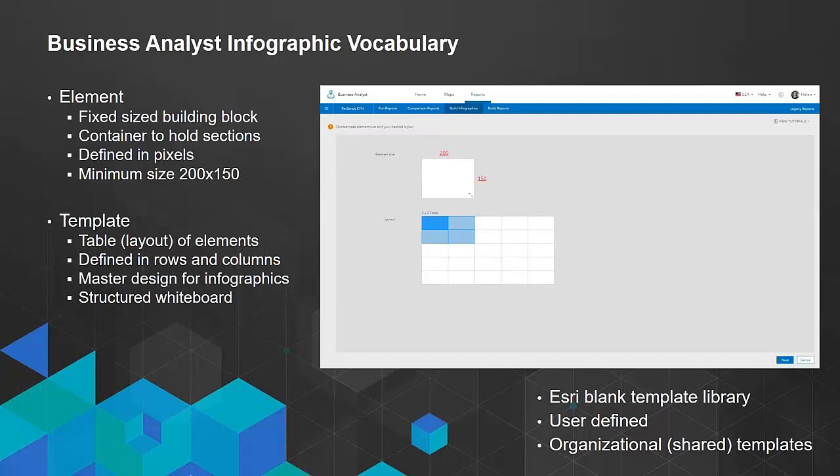So before I dig into the actual practice of making infographics, I just wanted to introduce some of the vocabulary. The business analyst infographics are based on templates. So we can think of templates as being a grid very much like what you'd see in Word or PowerPoint.